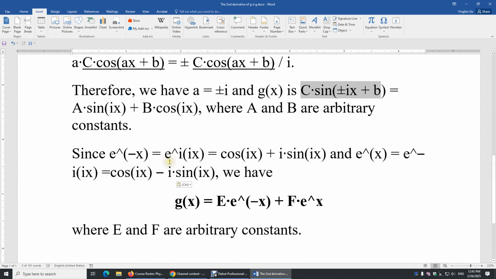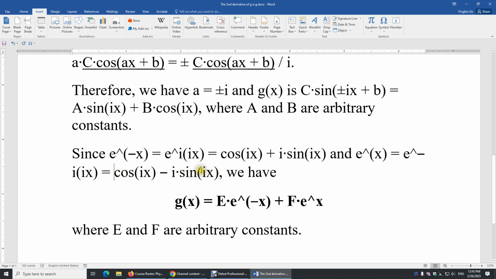And now, based on Euler's formula, e to the power of negative x is equal to e to the power of i times ix. And this is simply cosine ix plus i times sine ix. And also, e to the power of x is e to the power of negative i times ix. And that's simply cosine ix minus i times sine ix.